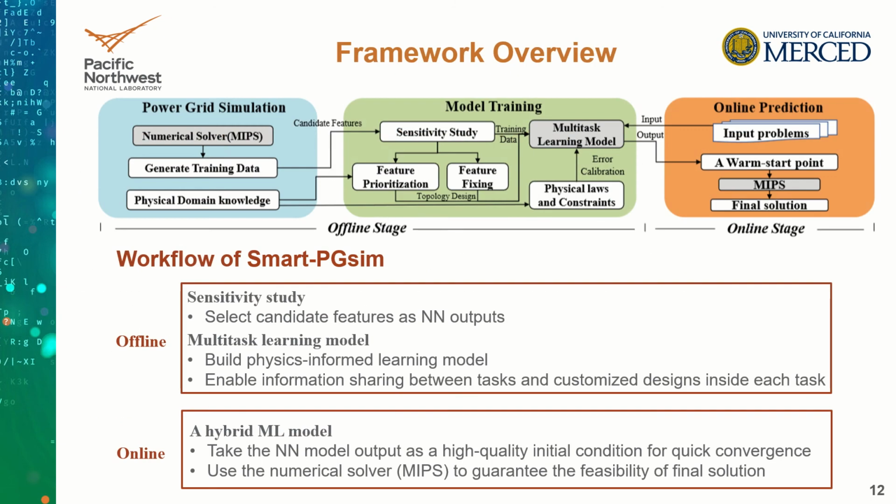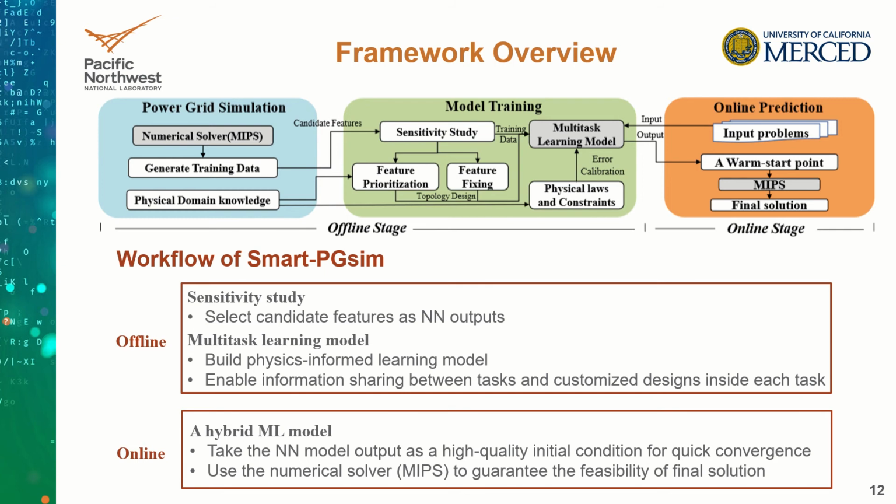Here, I will introduce our framework, SmartPGsim, in detail. So the framework introduces some offline phases and the online phases. During the offline phases, the SmartPGsim will take some candidate features as input, and then it will perform a sensitivity study to guide the design of the neural network topology.